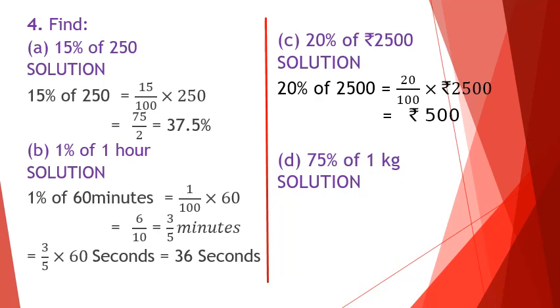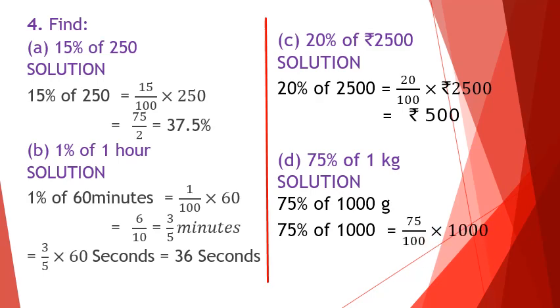Next is 75% of 1 kg. Here it is given 1 kg, so you can convert 1 kg as 1000 gram. So the question can be written by replacing 1 kg with 1000 gram. So 75% of 1000 gram equals 75 upon 100 into 1000. Both zeros from the numerator and denominator can be cancelled.